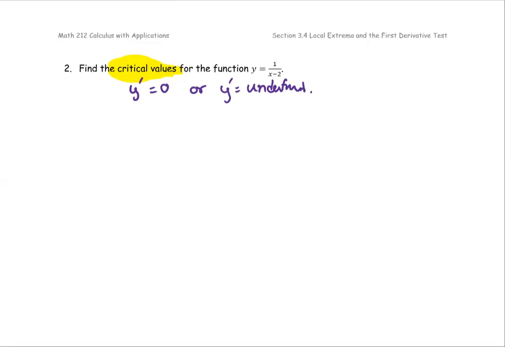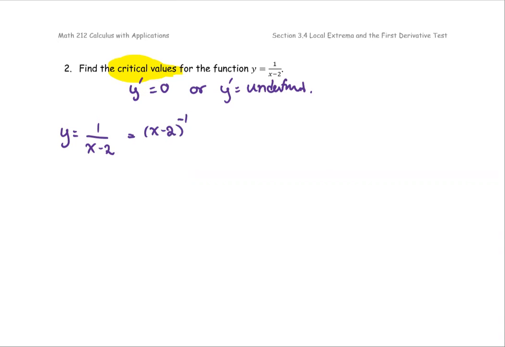Let's get started with the y prime. We have y equals 1 over x minus 2. You can treat it by using the quotient rule or write it in power form. Let's work on the power form. So y equals 1 over x minus 2 is the same as x minus 2 to the negative first power.